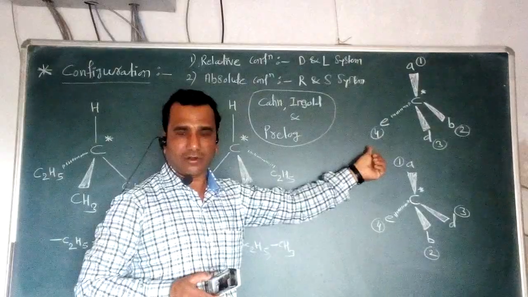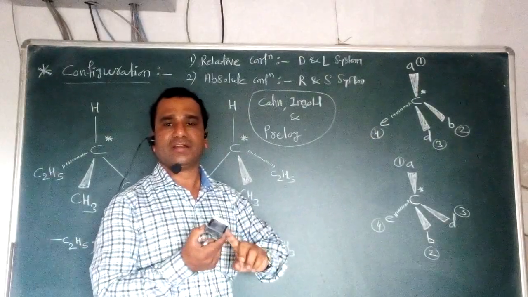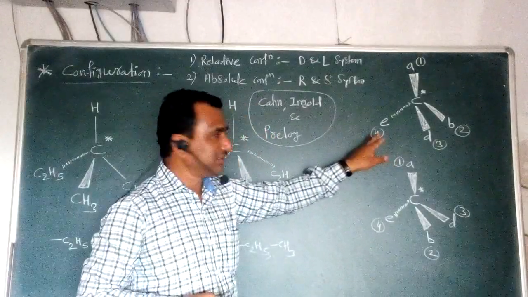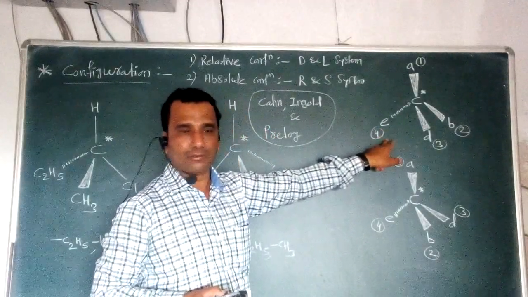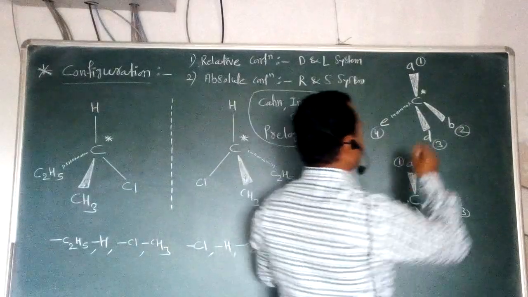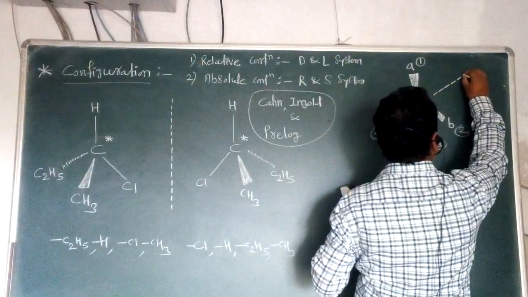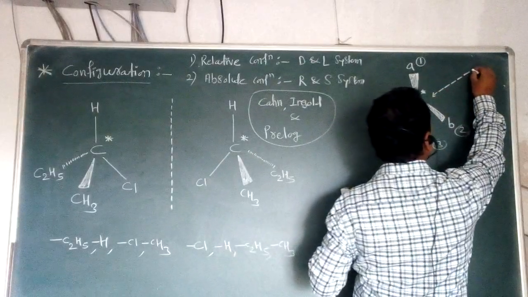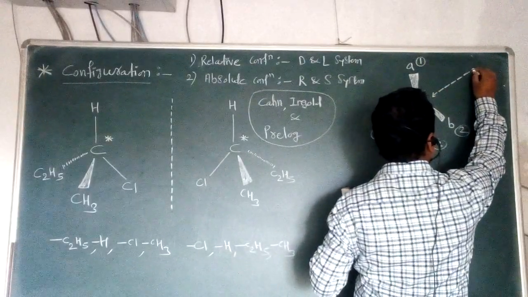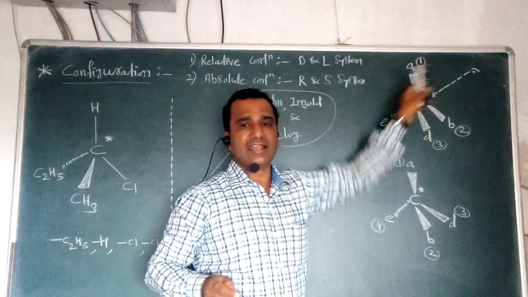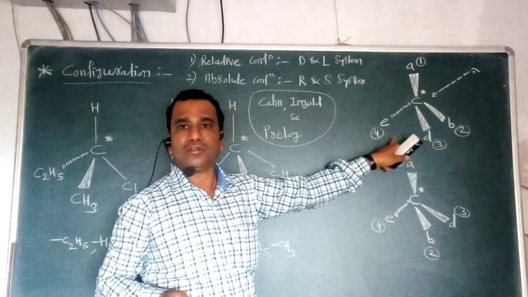We must observe toward this molecule trans, or exactly opposite to the lowest priority group, and this lowest priority group is the fourth priority group, that is E. So we can observe from the transposition or anti-position of the lowest priority group.